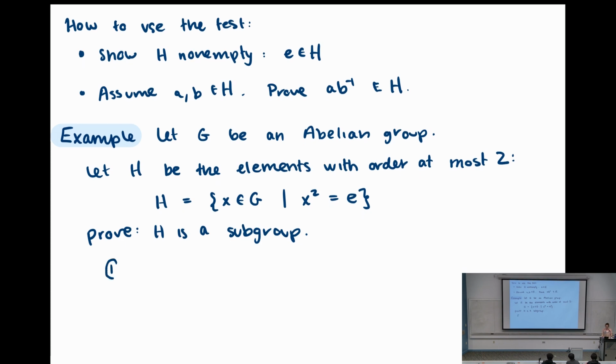Okay, so the first thing that I need to show is that H is non-empty. So why is H non-empty? Yeah, E squared is equal to E, so that means that E is an element of H. So H is not empty.